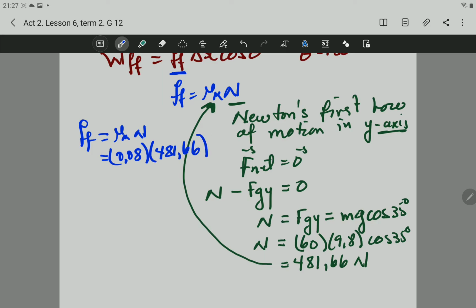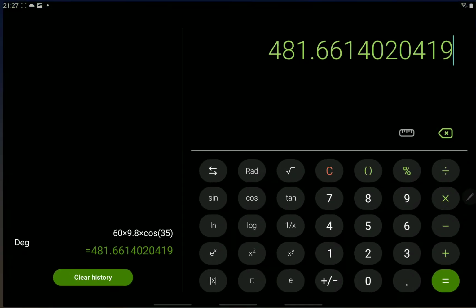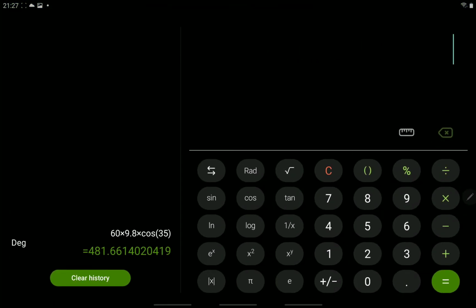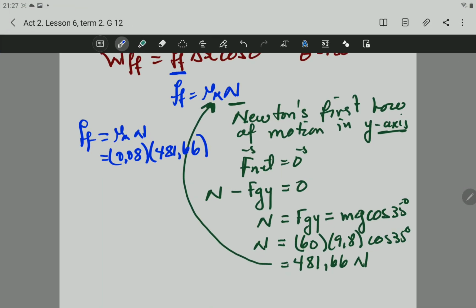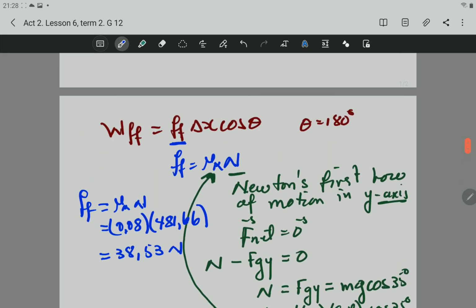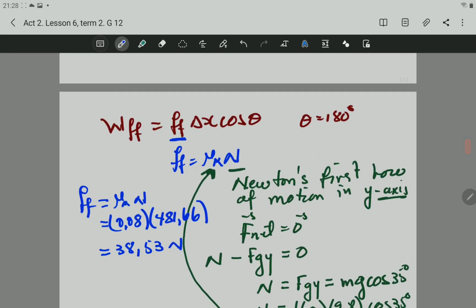Let's use the calculator once more. 0.08 multiplied by 481.66 gives me 38.53. So the frictional force is equal to 38.53 Newton, and this value is going to be substituted later in the formula of work done.